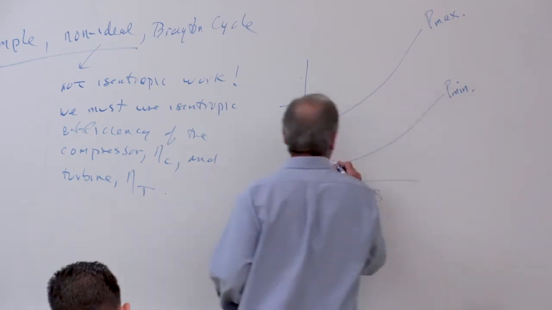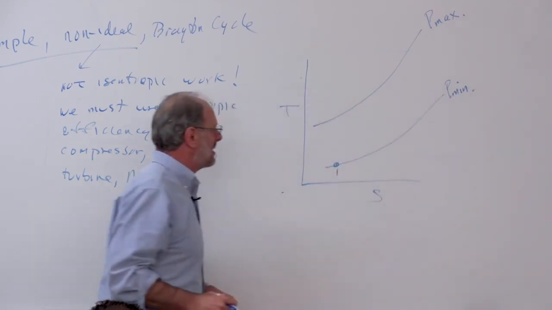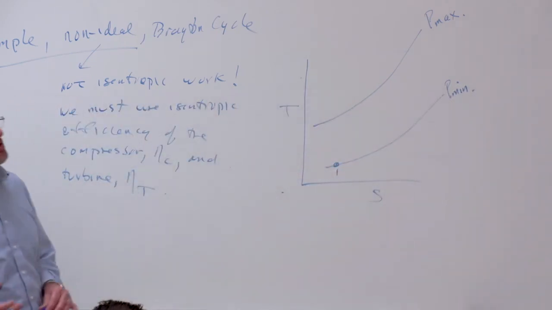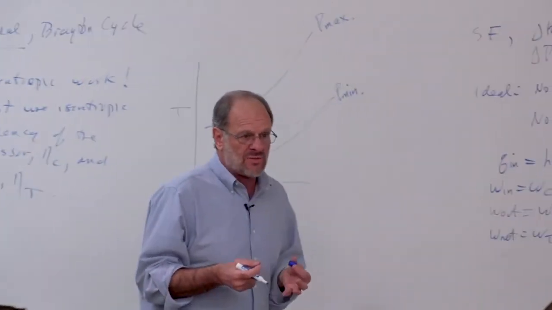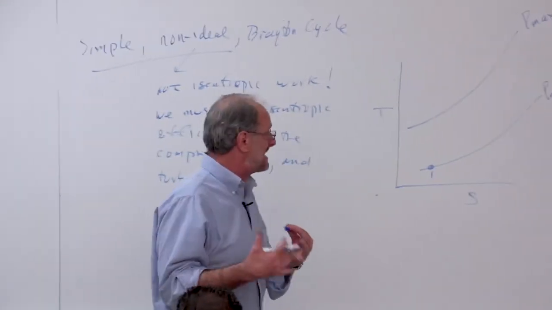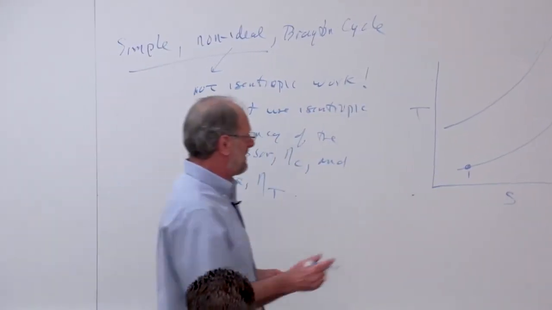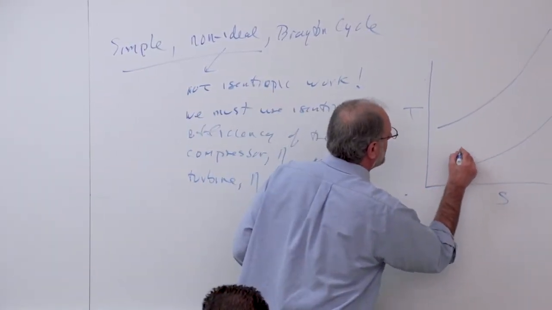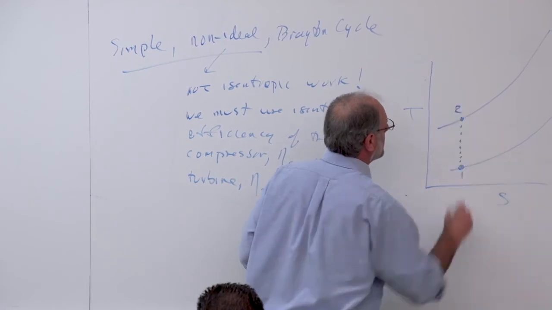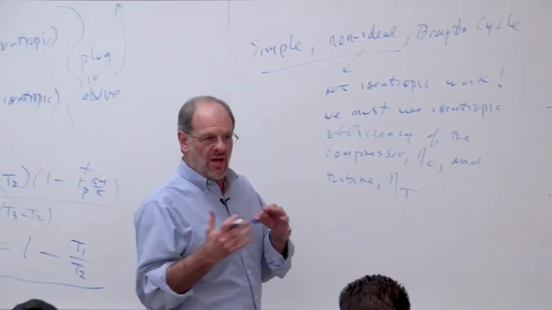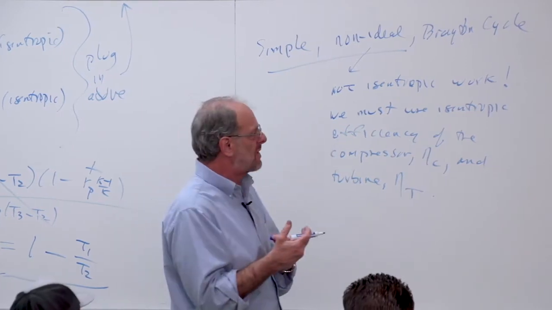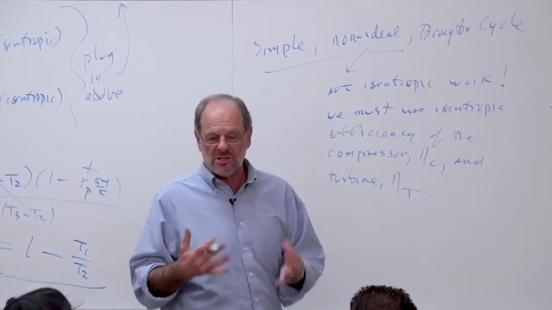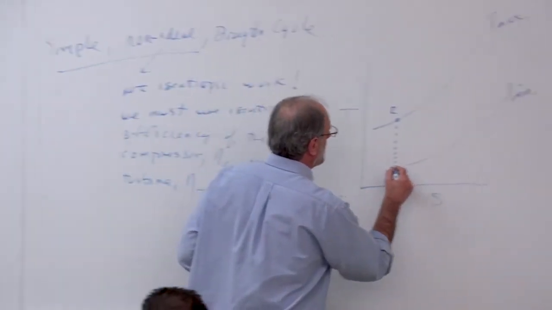We also know that as we go through the compression process from point 1 to 2, we're going to have to analyze it in two different ways. First, we assume that it is indeed an isentropic process, so we go from 1 to 2 vertically upwards. Once we have solved this part of the process, we apply the isentropic efficiency of the compressor to determine the actual discharge conditions from this compressor.